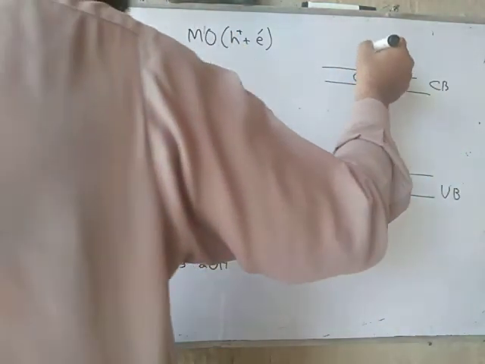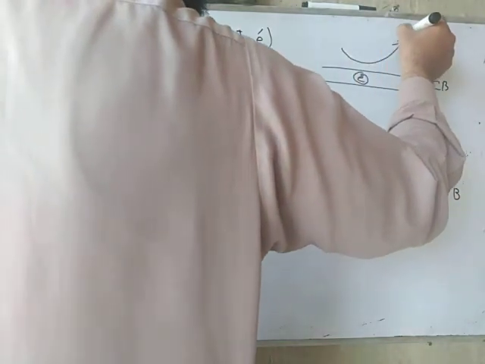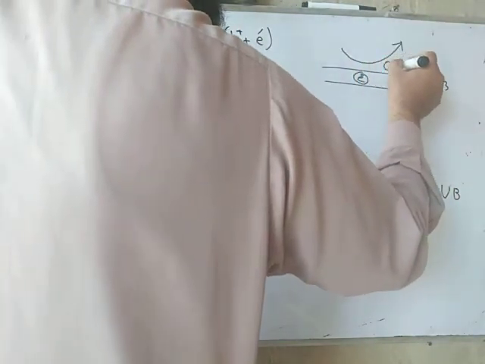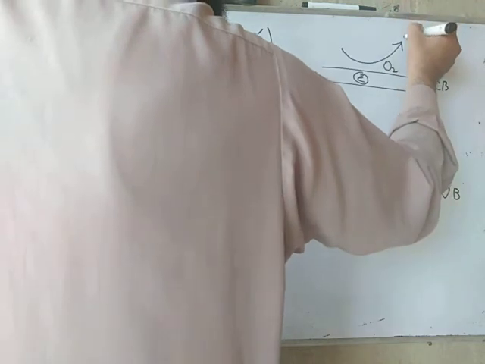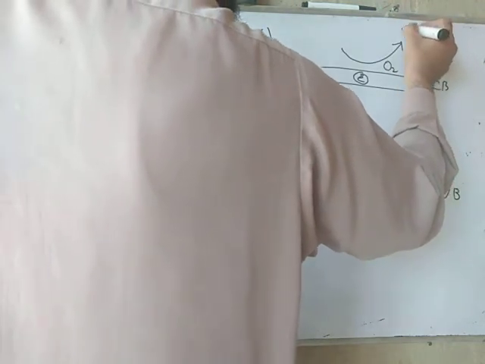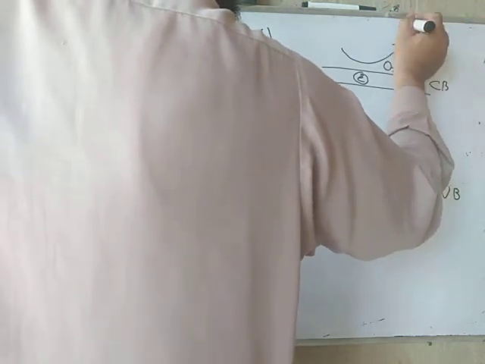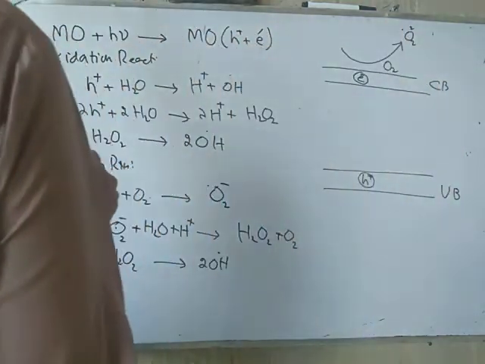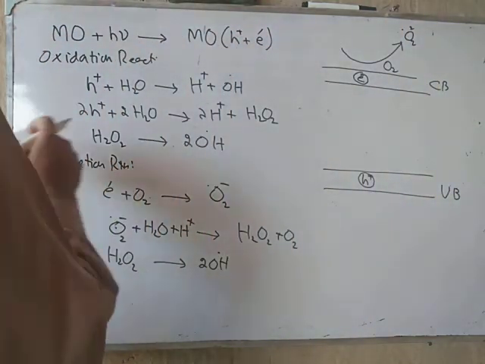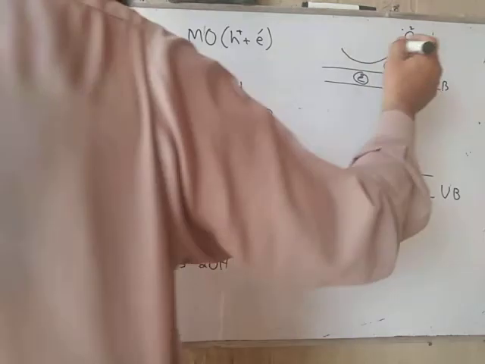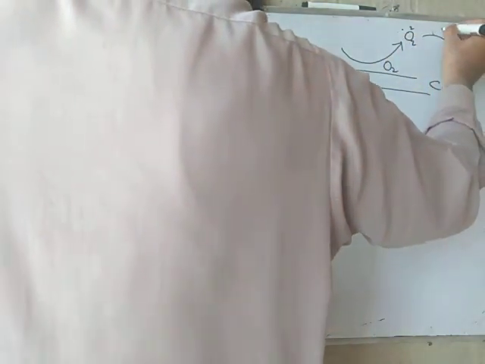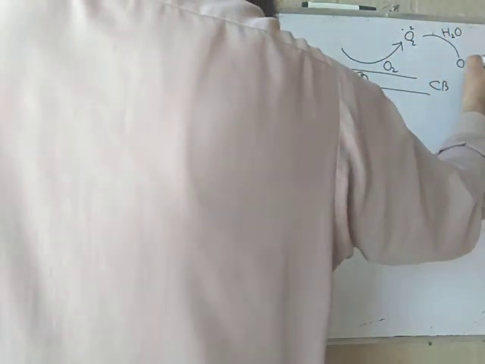The electron reacts in the presence of oxygen and ultimately produces the O2 superoxide anion radicals, and this superoxide anion radical further reacts with water in the presence of water and produces OH radicals.